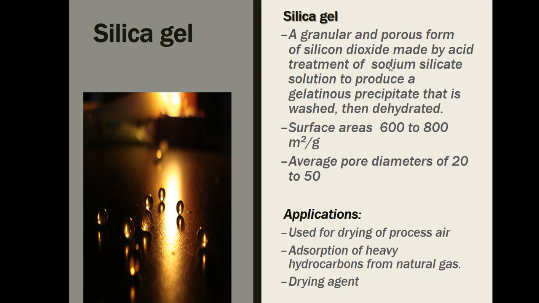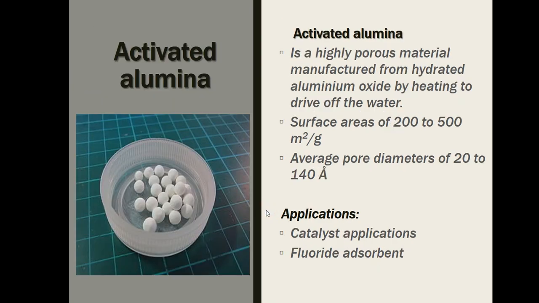So there should be angstrom here. Now, as to applications, it's used for drying of processed air, adsorption of heavy hydrocarbons from natural gas, and it is even used as a drying agent, as you can see in packagings wherein this silica gel is included in the packing inside.